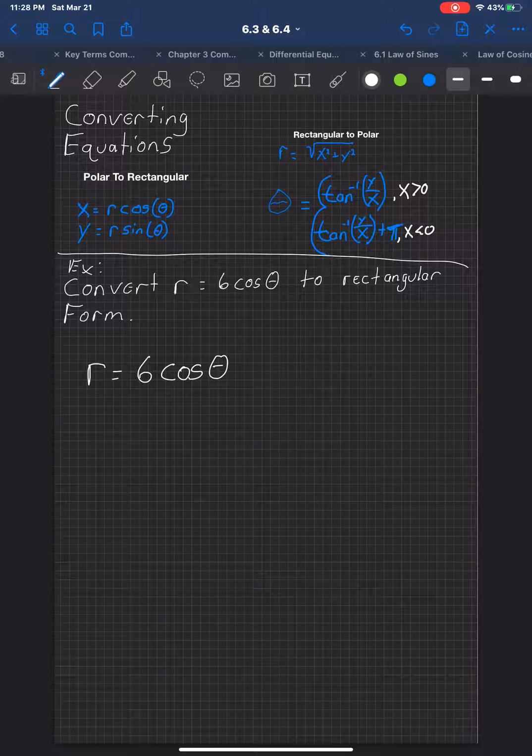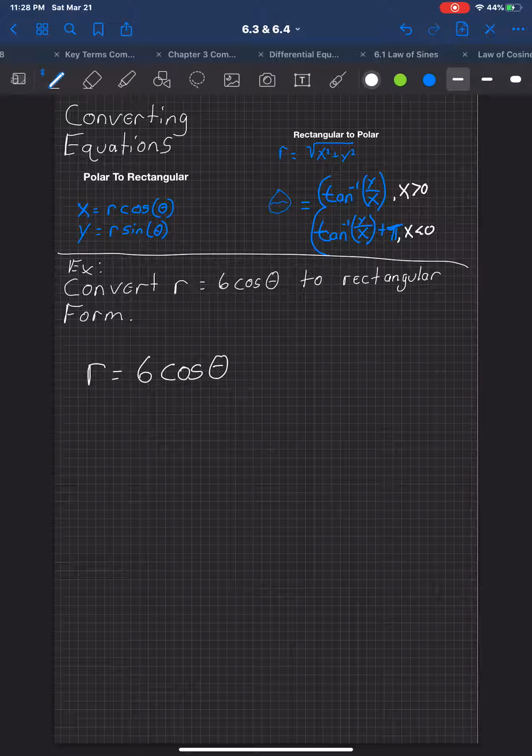And what we want is the equation of that graph such that we are only using x and y values. All right, so we're going from polar to rectangular, so we just need to make sure we have everything defined properly. Let's see if we can figure this out.